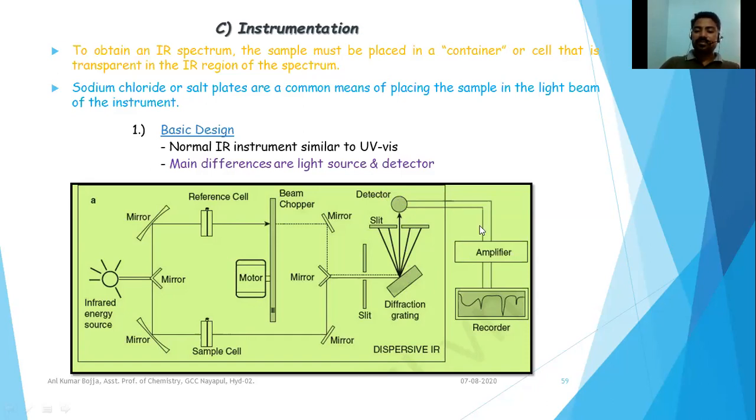That signal passes through the amplifier, where, if adequate intensity or energy is not there for the signal to appear clearly in the spectra, the amplifier will amplify the digitalized information, so that we will get the clear spectra, with clear bands regarding the functional groups present in the molecule.